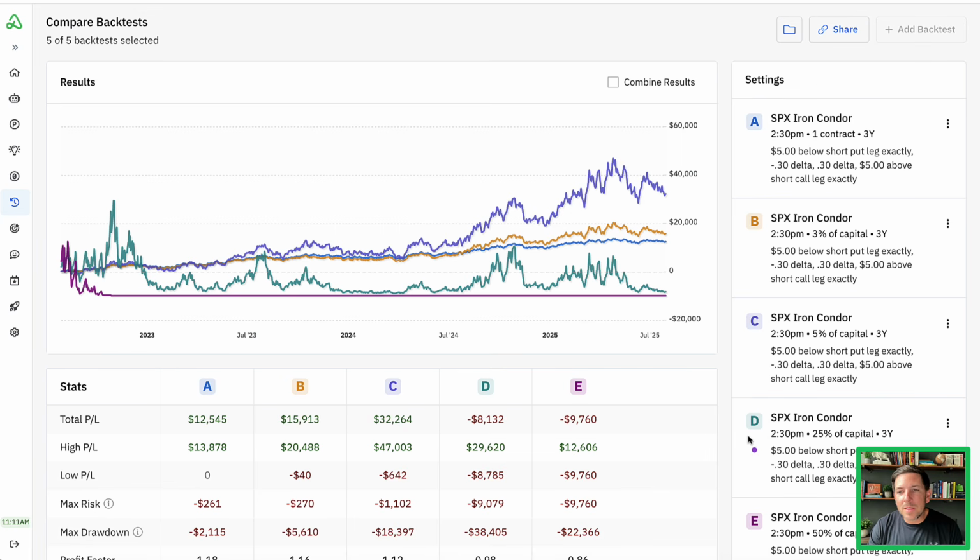So now what I did with D is I started to really jack it up. I said, okay, look, 25% of capital for every position. Now, in the early days, and this is why I love this chart so much, you looked like a genius. This is the fallacy that happens all the time. This is a false flag. It's a false positive.